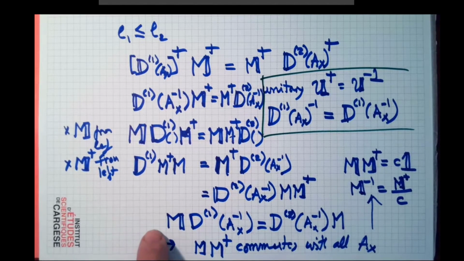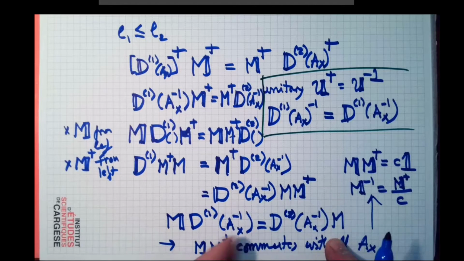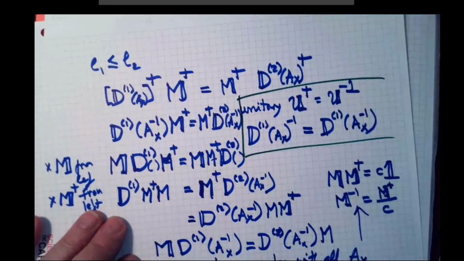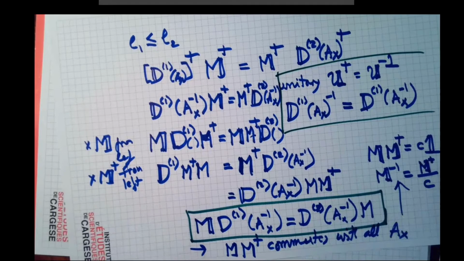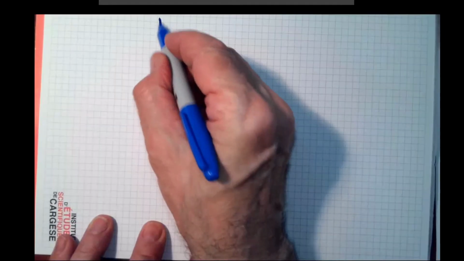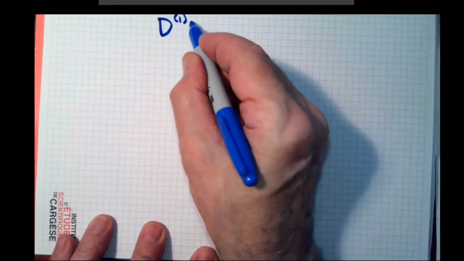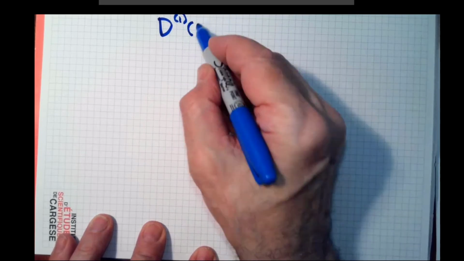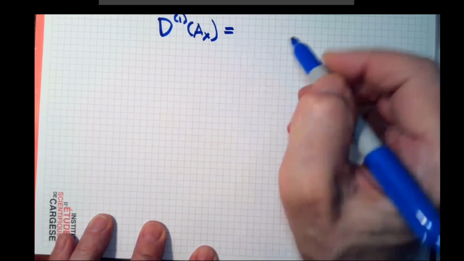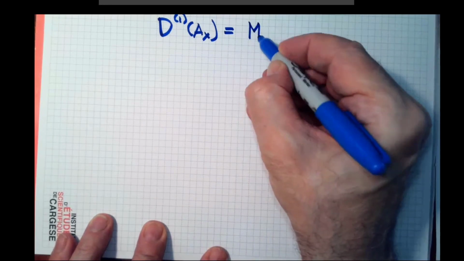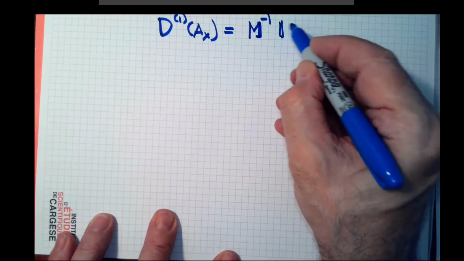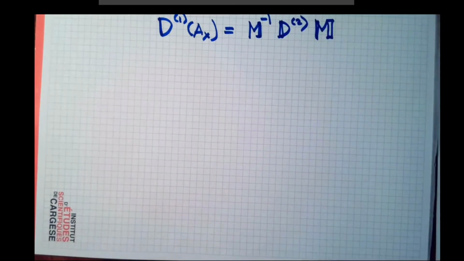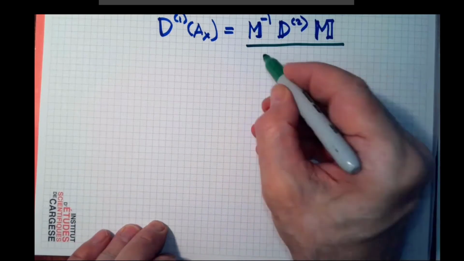And that means when I multiply this on the left-hand side by the Hermitian conjugate, I take this, multiply by the inverse, M star. We get representation 1 of a group element AX equals M minus 1 D2 M. This is a similarity transformation, just change your coordinates.